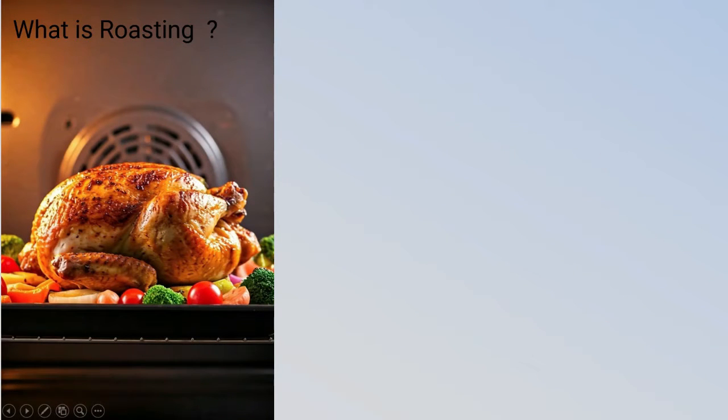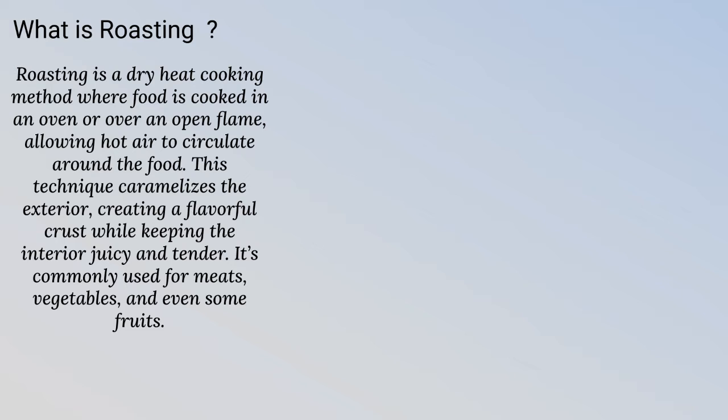So we'll start with what is roasting. If you want to explain this term, it is basically a dry heat cooking method where food is cooked in an oven or over an open flame, allowing hot air to circulate around the food.